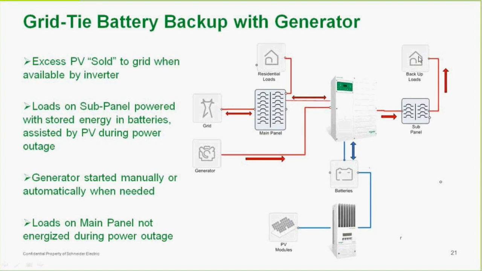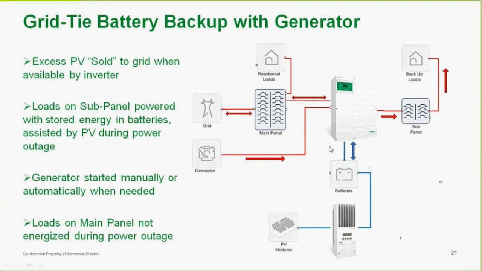We have residential loads running on the main panel, the grid. The grid goes out. The switch opens. We run the sub-panel loads off of batteries, which are now assisted by solar. If there's not enough solar to run the loads in a backup situation, the generator can come on and run the loads.